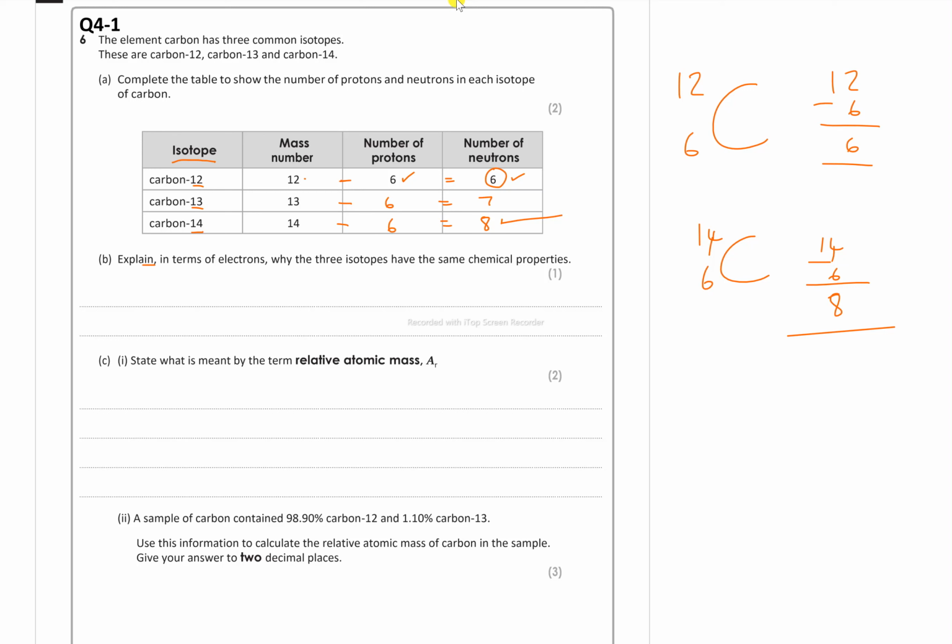Explain in terms of electrons why the 3 isotopes have the same chemical properties. Right. Because they have the same number of electrons on the outer shell.